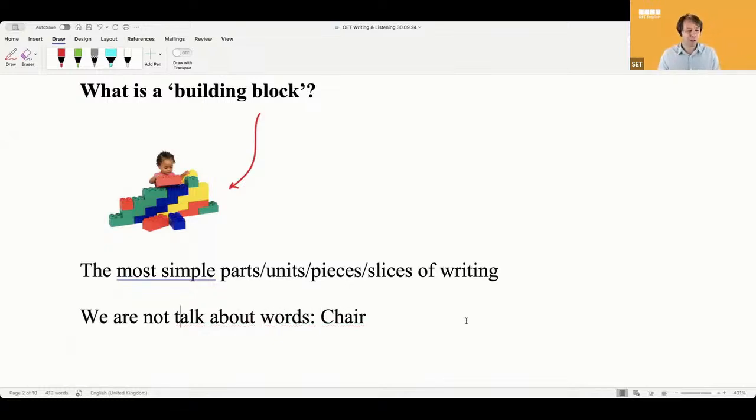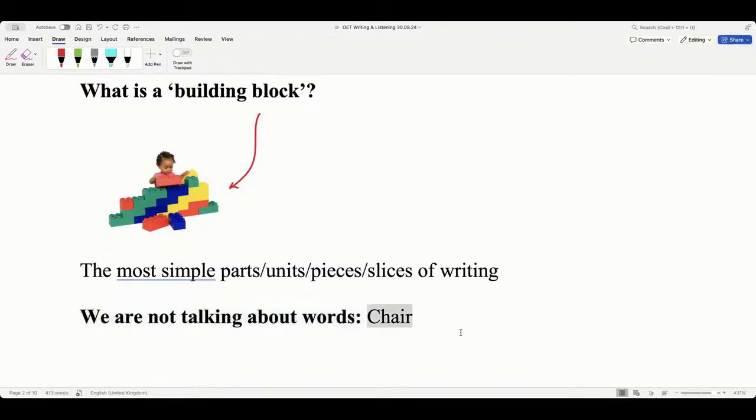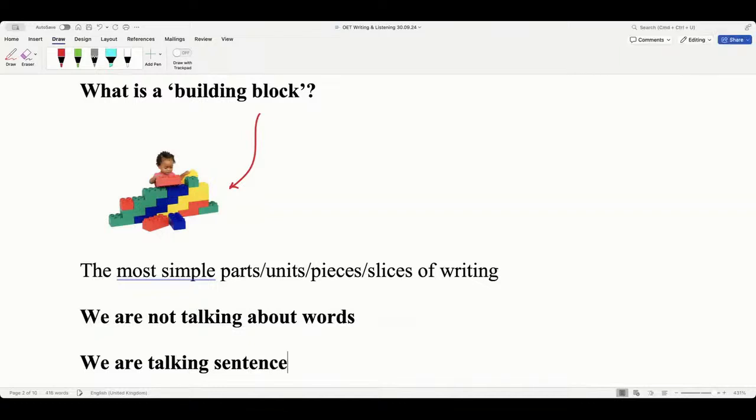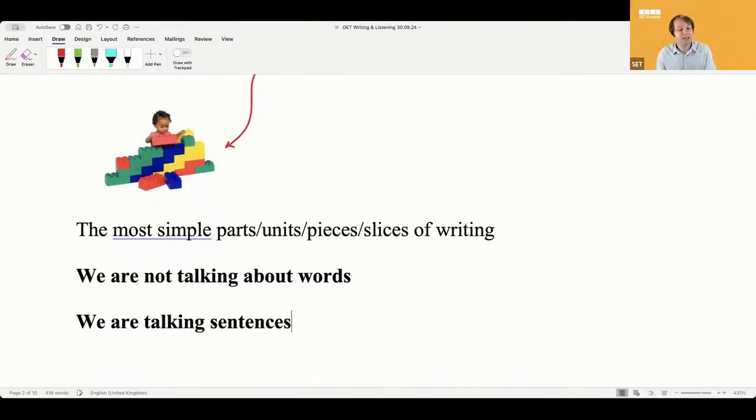Of course, a word is in a way a building block, but we are not talking about words. We are talking about sentences. We're talking about meanings. Who says sentences? Sentences. Okay. So this is the key point, sentences. How do we build sentences?